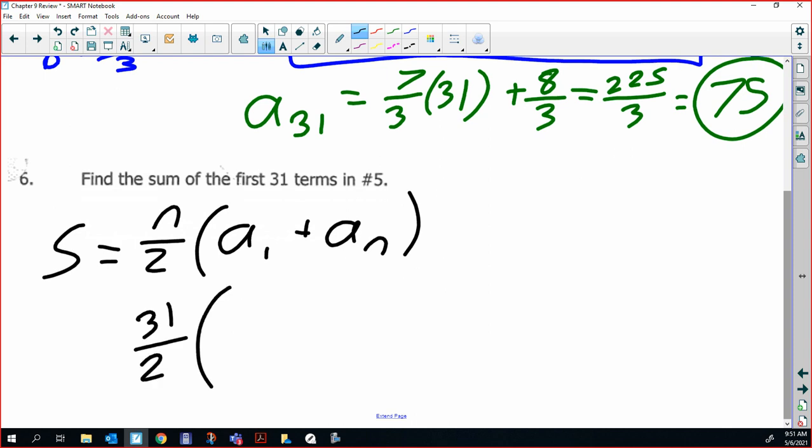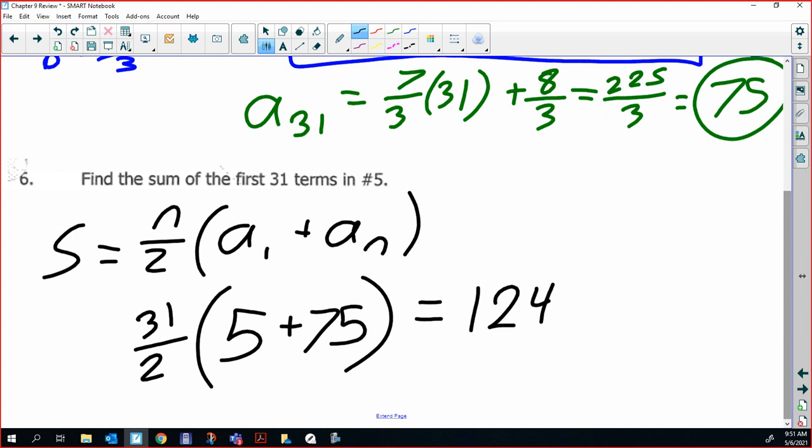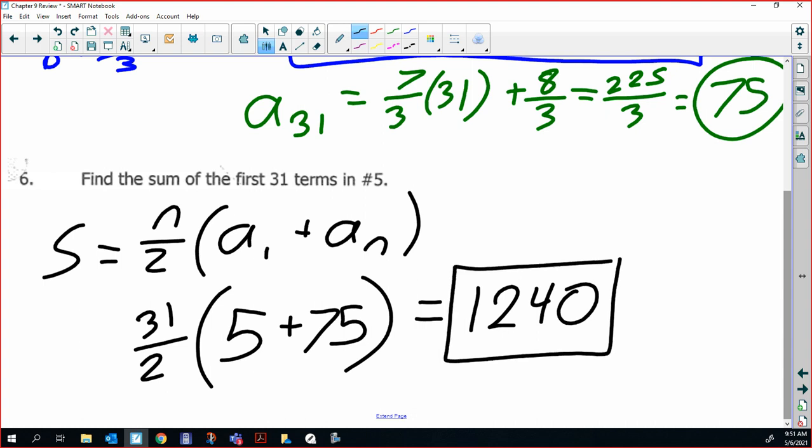The first term was 5. The 31st term we just found was 75. Calculator time. The sum is 1,240.